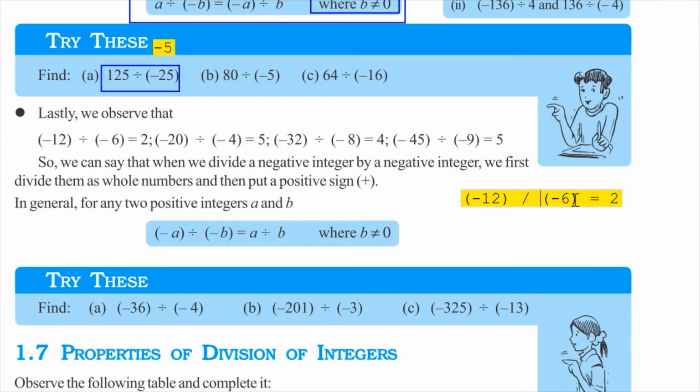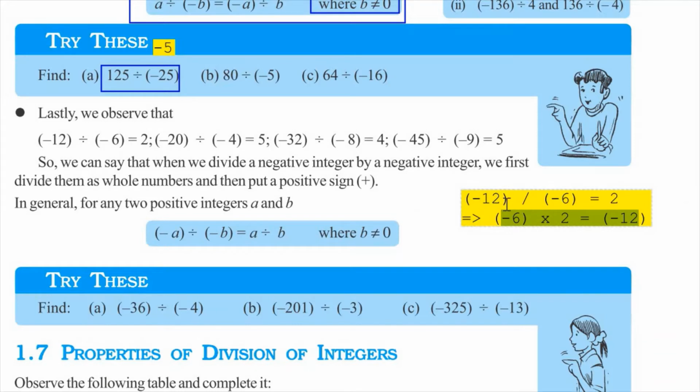So how do we know this is true? It's because if you take this 6 to the right hand side, that is if you try to find out the corresponding multiplication equation to this division, we can just say that this implies minus 6 into 2 is going to be equal to minus 12. So we know that minus 6 into 2 is going to be equal to minus 12.